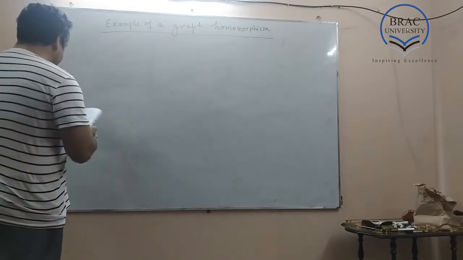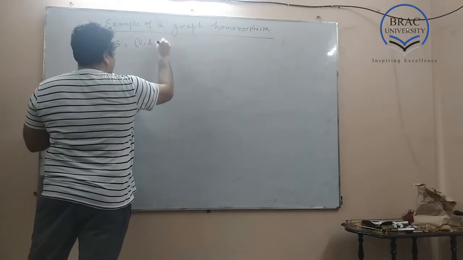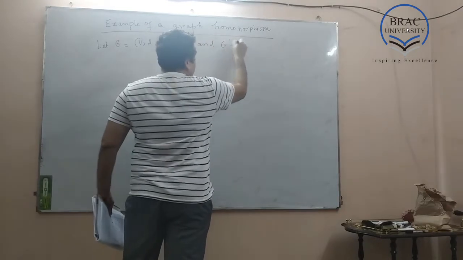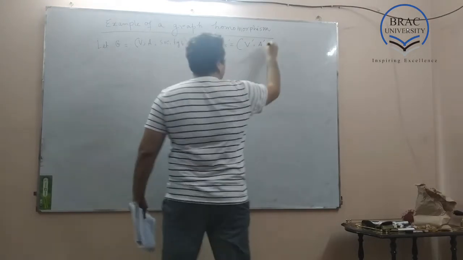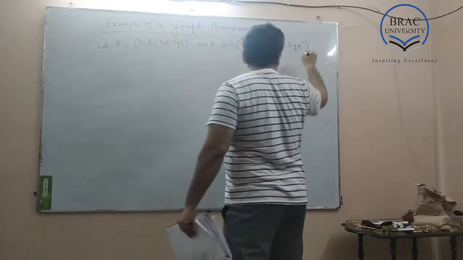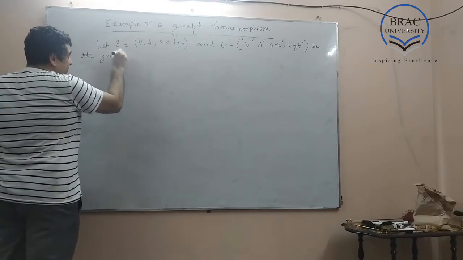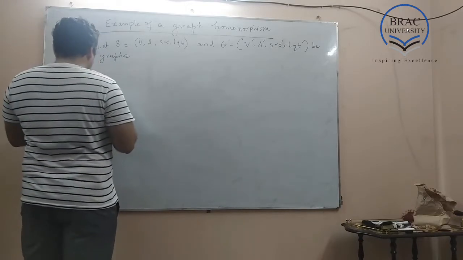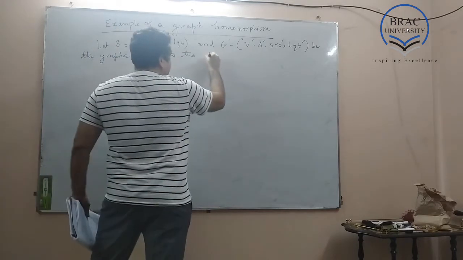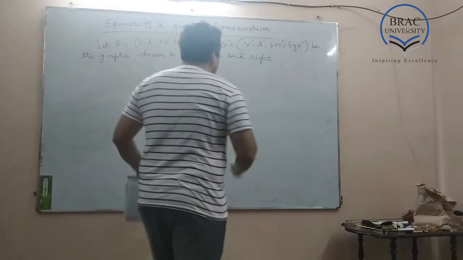So again, we have two graphs. Let G equal to V, A, SRC, TGT and G prime, V prime, A prime, SRC prime, TGT prime be the graphs drawn to the left and right, respectively, below.